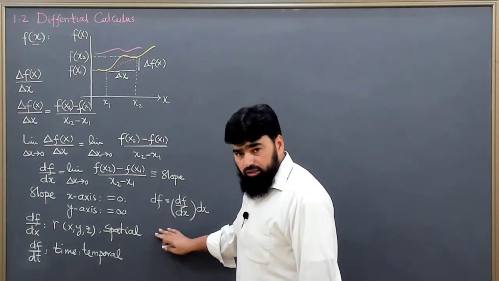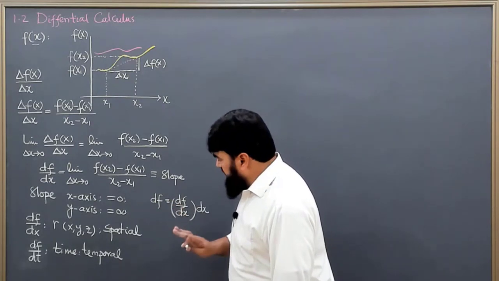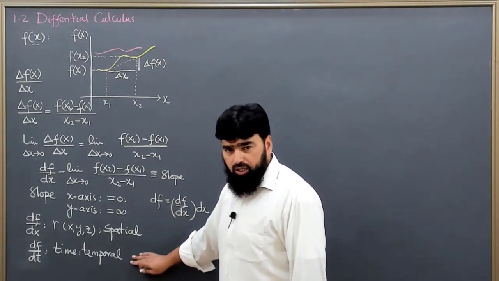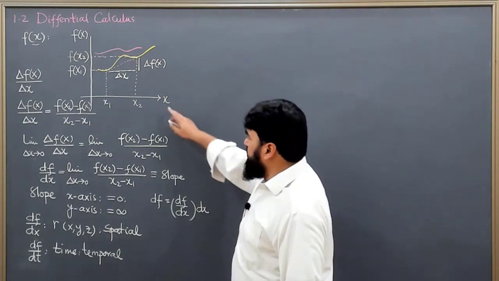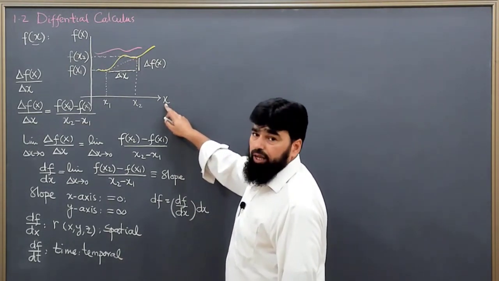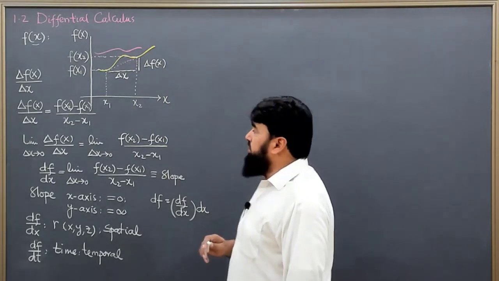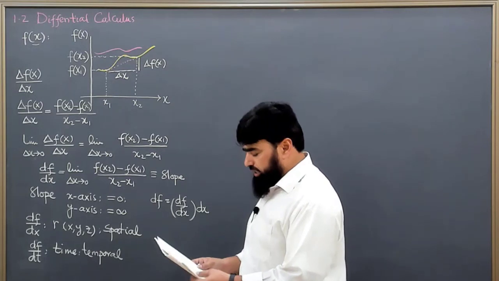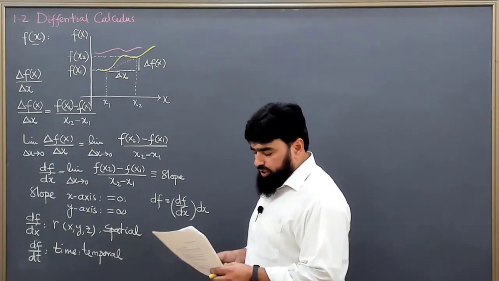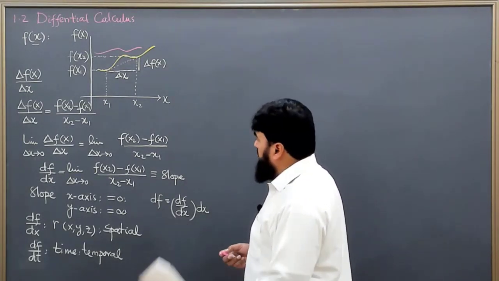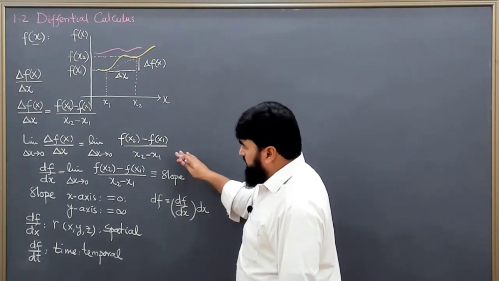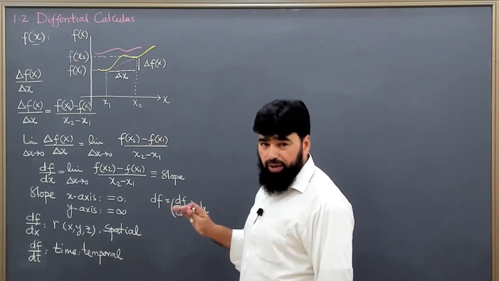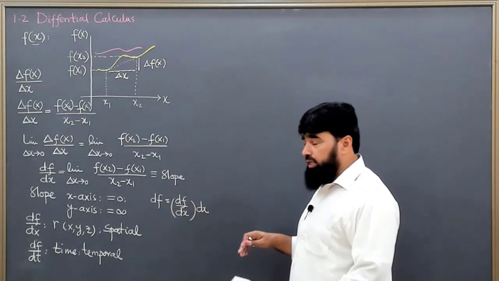In physics, we define things either in space or in time. These are the two coordinates, and we can define things in space or in time. Now, this derivative is completely abstract, it is only a magnitude, just a number.